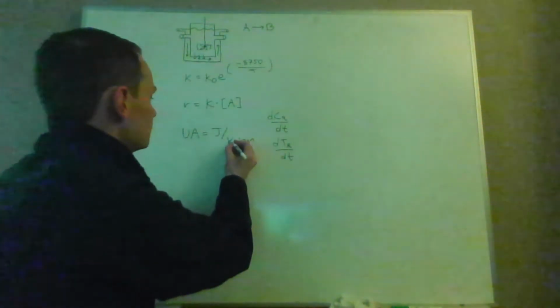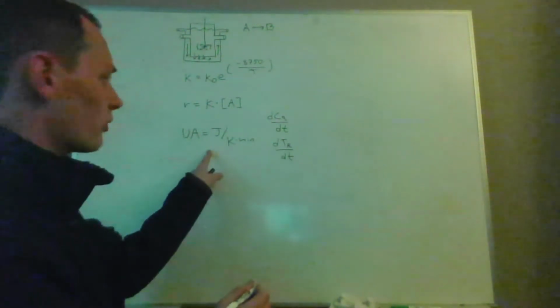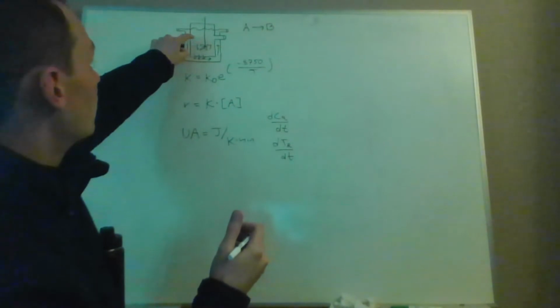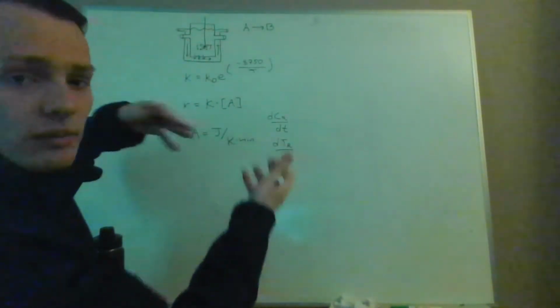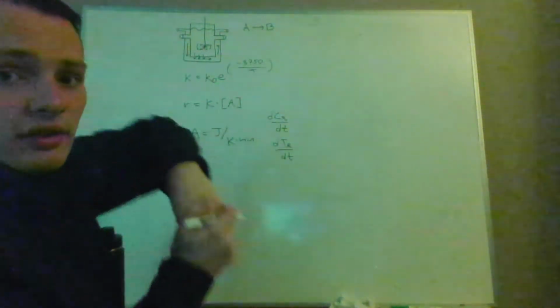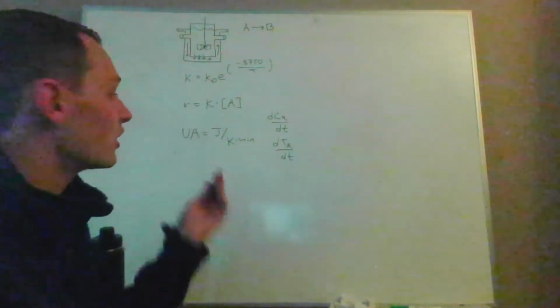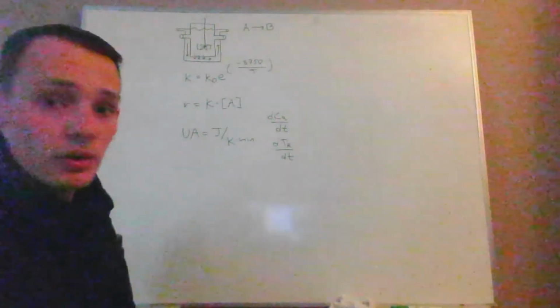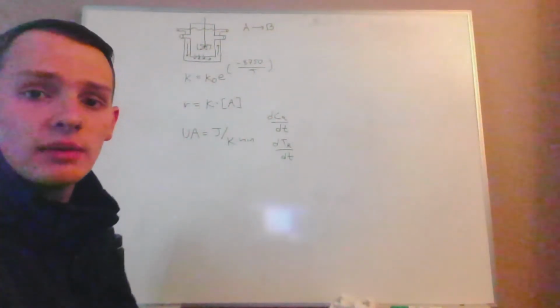But this Kelvin temperature means the rate at which energy is exchanged between the material in our reactor and our coolant is going to be based on the temperature difference between the two.